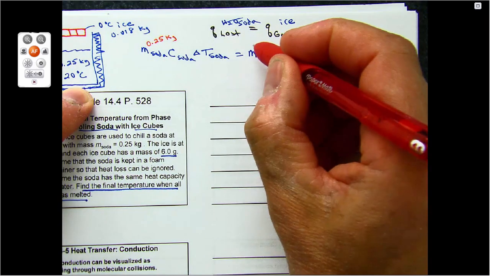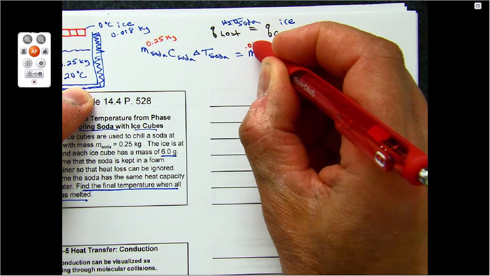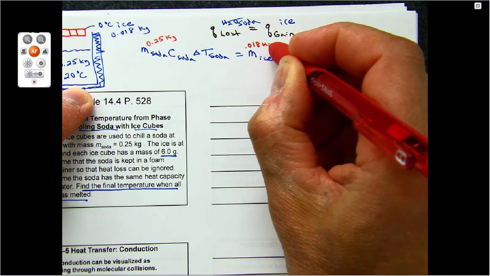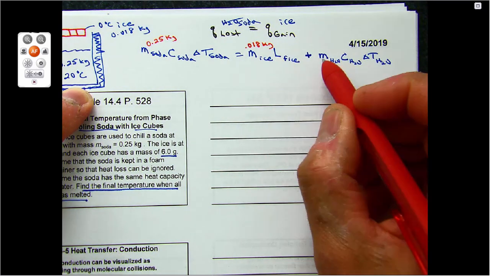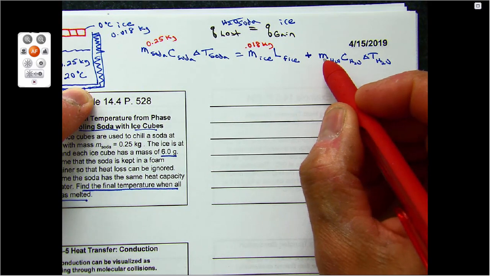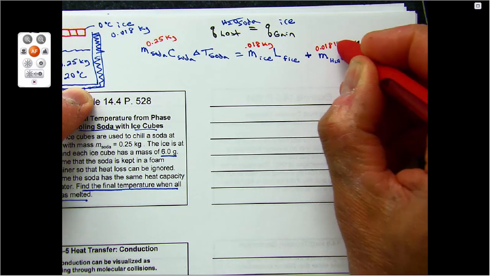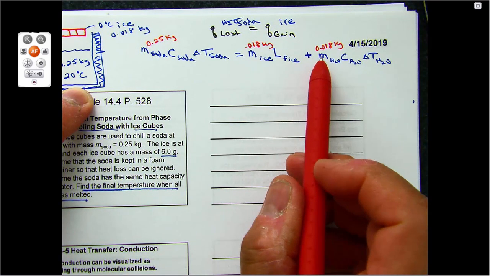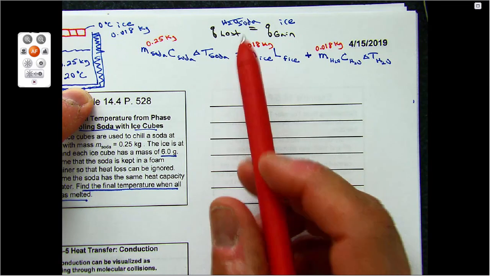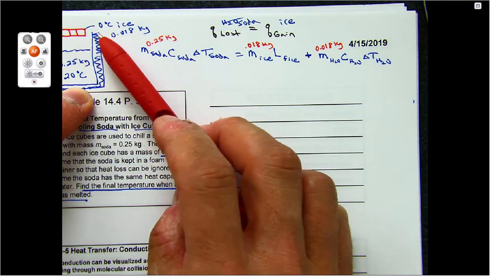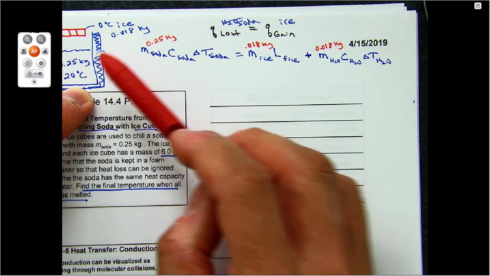This is 0.018 kilograms of our ice. Then this is our melted ice. Once this melts, it is going to be liquid water, so these masses are the same. As this ice melts and keeps melting, that liquid water is going to warm up as well.